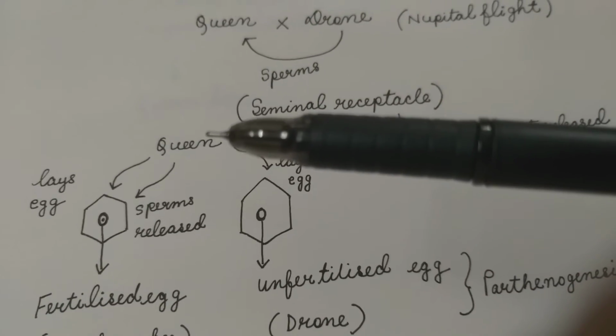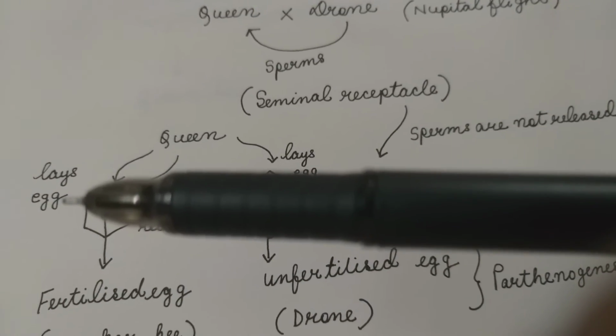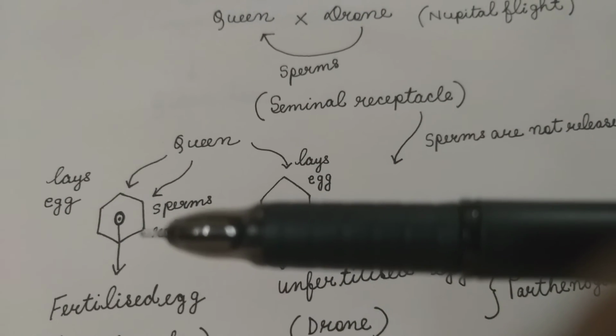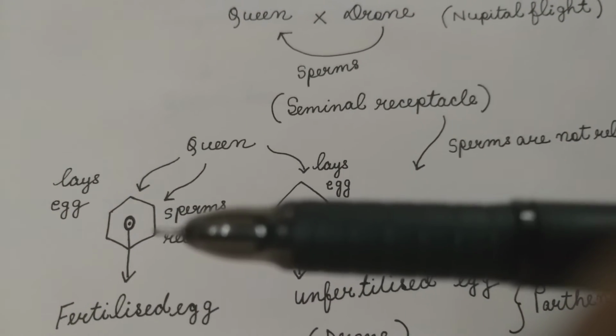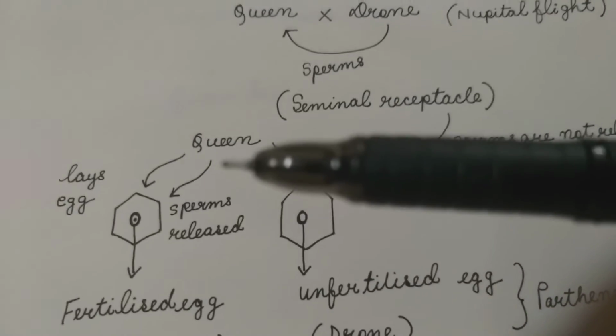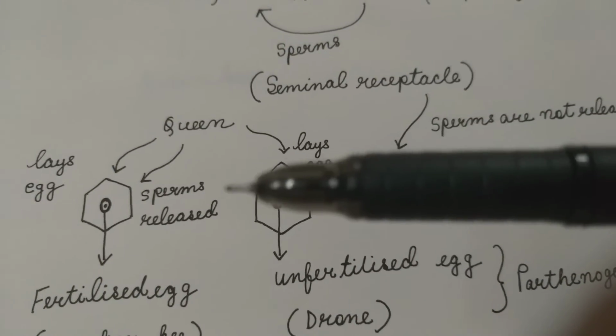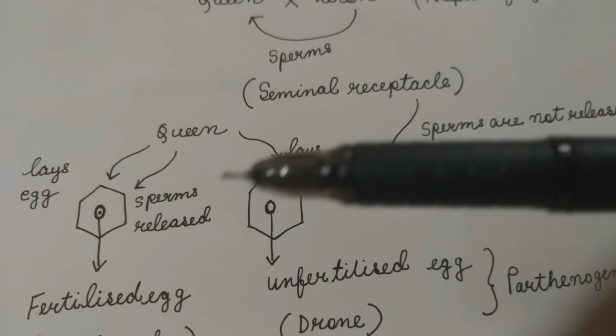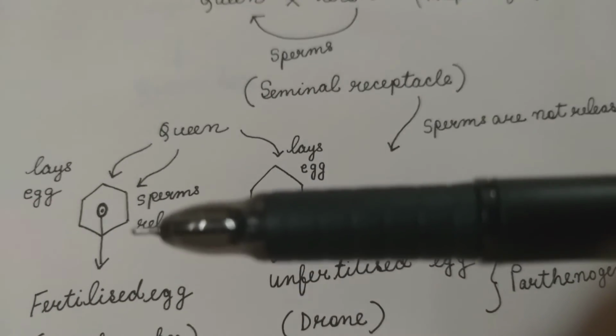The queen lays eggs into the smaller brood cells. As the egg passes down the oviduct, at the same time the sperms are released from the seminal receptacle.